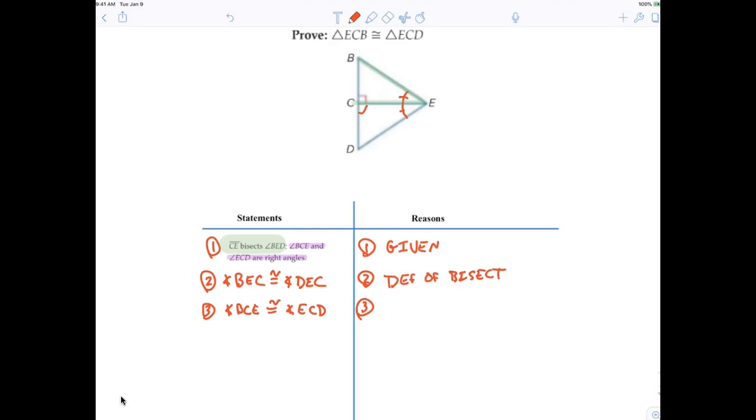You with me on that? All right. So I just want you to write all right angles are congruent. So now I'm going to mark that's a right angle. All right, someone else jump in now. What's step number 4?